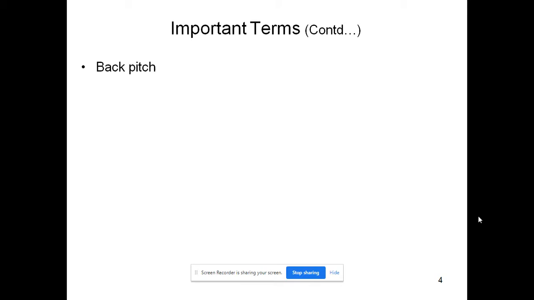The first one is back pitch. Have you ever heard about this term back pitch? I think you have not heard about this back pitch.